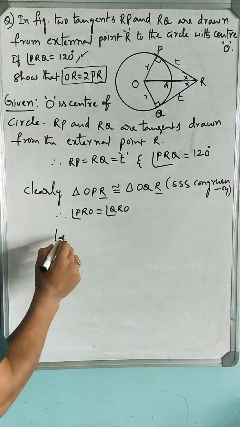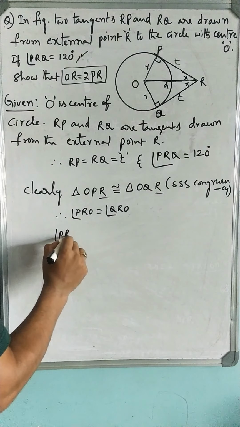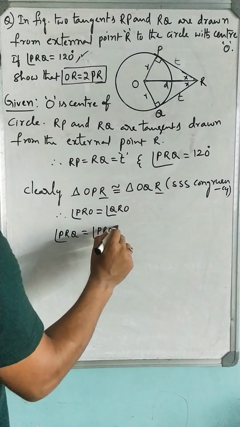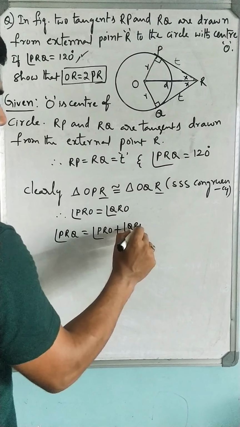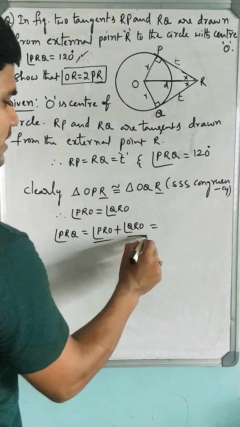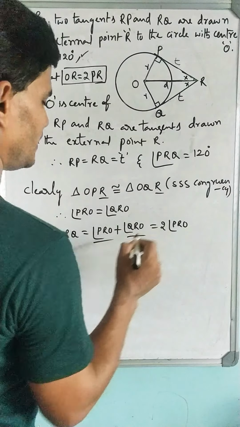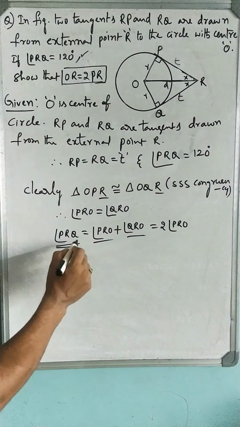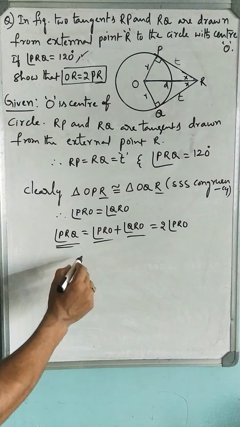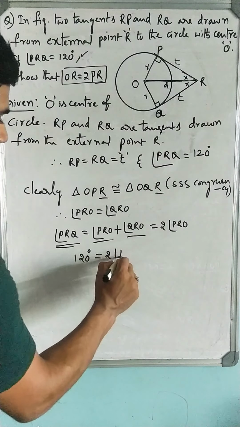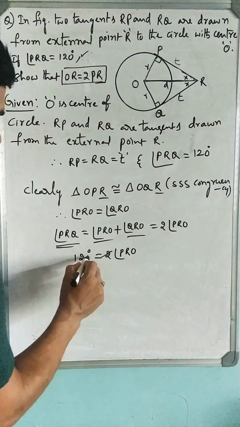Angle PRQ is equal to angle PRO plus angle QRO. As these two are equal, that is 2 times angle PRO. What is PRQ? 120 degrees. 120 degrees is equal to 2 times angle PRO.